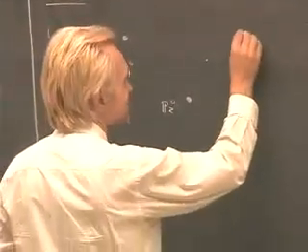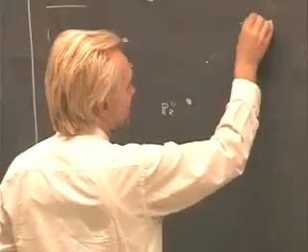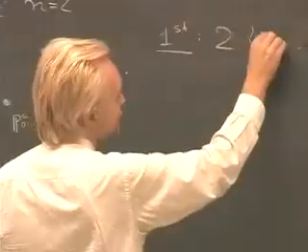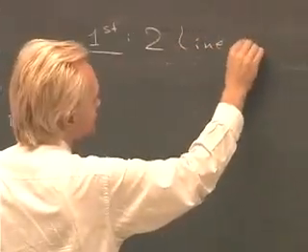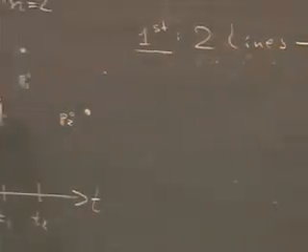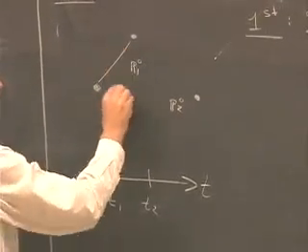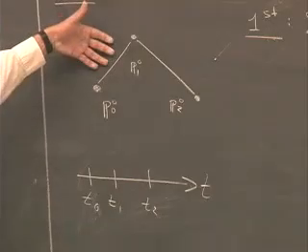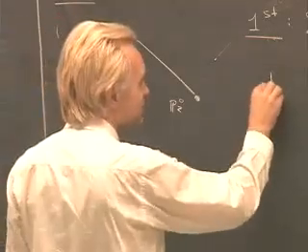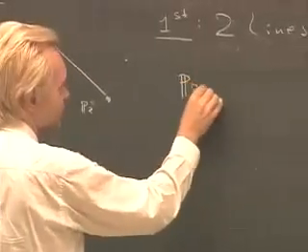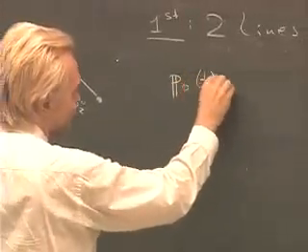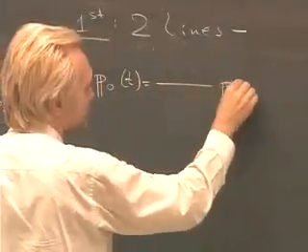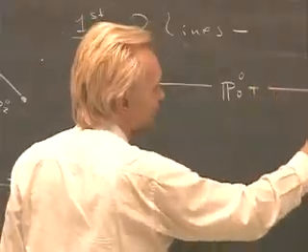So first step is, first I construct 2 line segments, 2 lines. I get a definition for this guy, for that line, and I get a definition for that guy. Okay, what is the definition for this one? I call it P0 of t, which is a combination of P0 and P1.